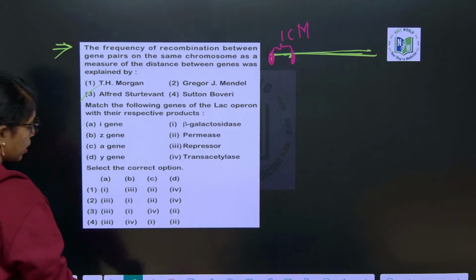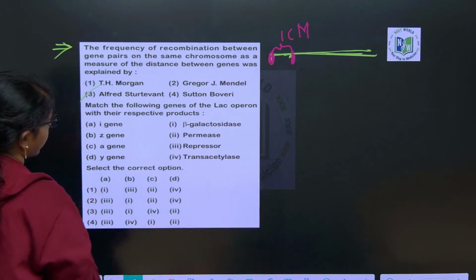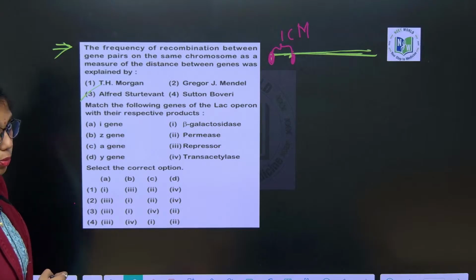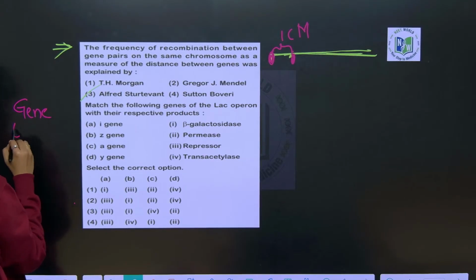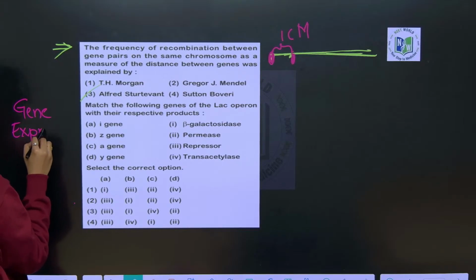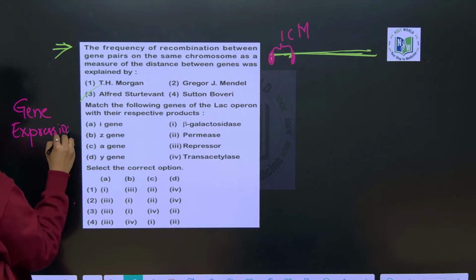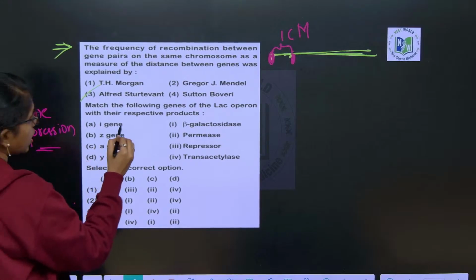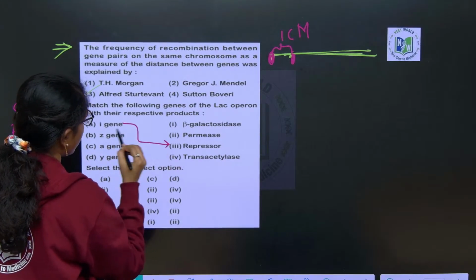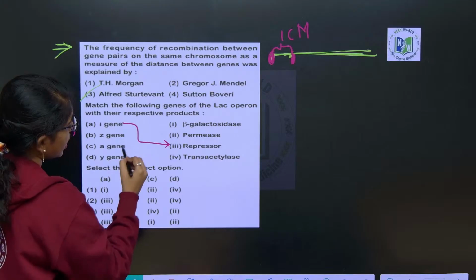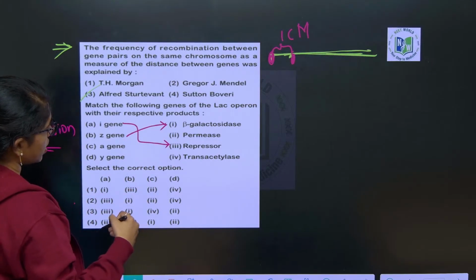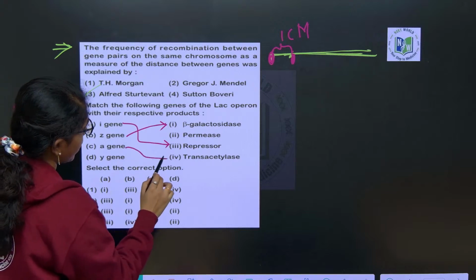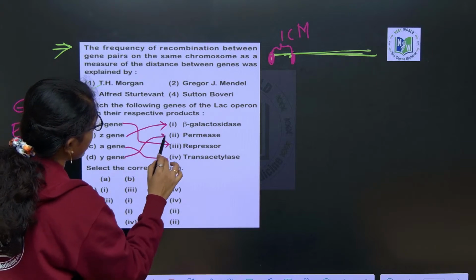Now, the next question is a match the following type of question from gene expression. Here the I gene is a repressor, and the Z gene codes for beta galactosidase, A is for transacetylase, Y is for permease.